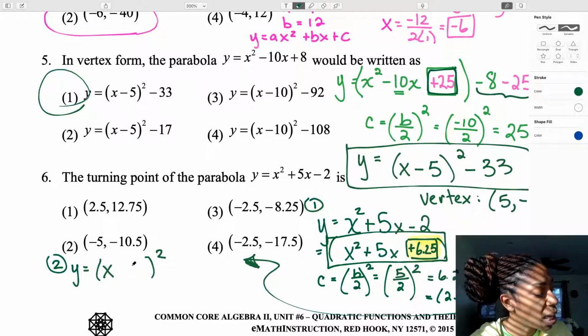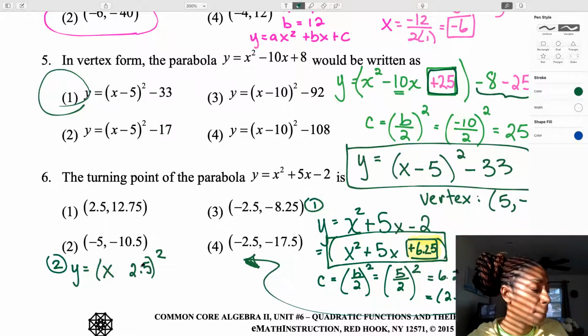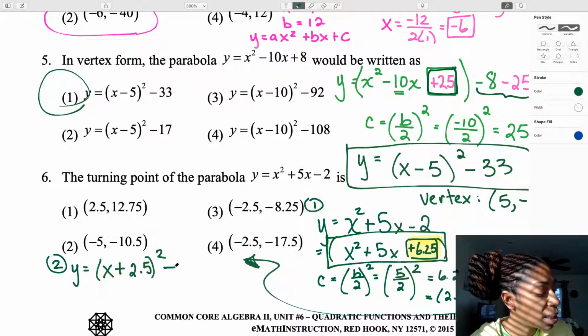So I know this has to be 2.5. So what is our symbol in the middle? Well, our symbol is positive 5, a plus sign. So this has to be plus. And now, what is negative 2 minus 6.25? Well, that's minus 8.25.